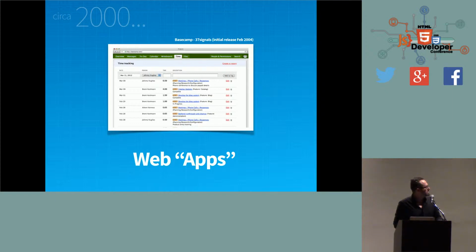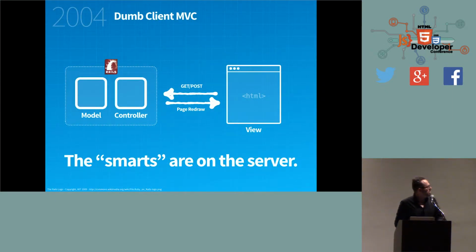So circa 2000, Basecamp turns up in 2004. And what we start to see here is that we've got dumb client MVC, right? And then Rails emerges and really wraps this beautiful encapsulation of MVC, but all the smarts are still on the server. Page redraws.